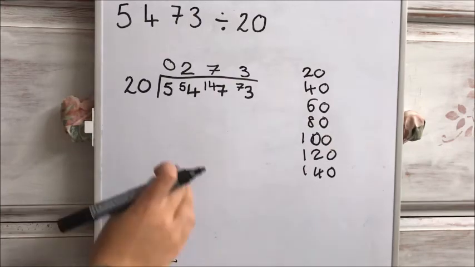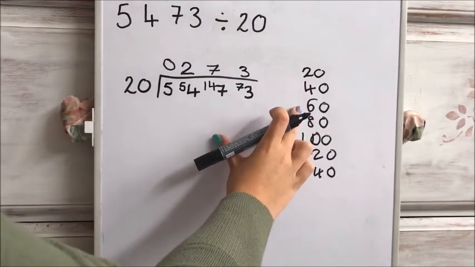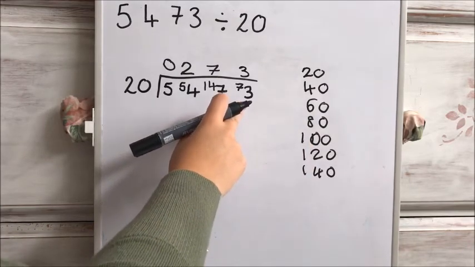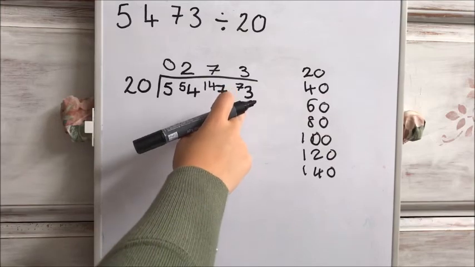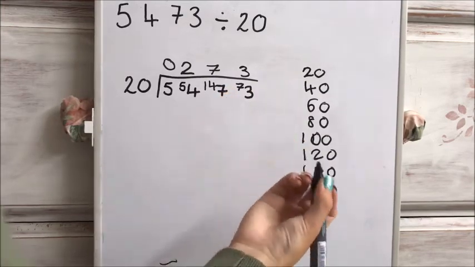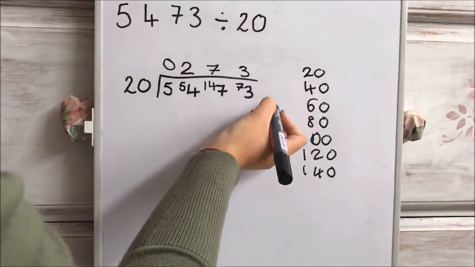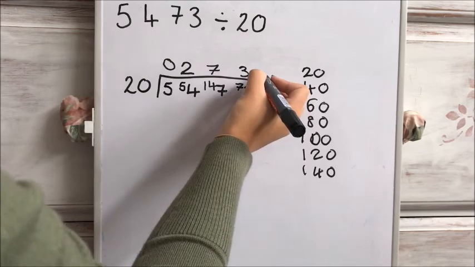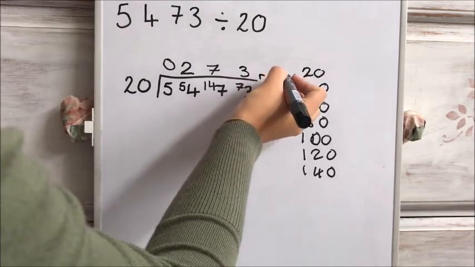But 20 goes into 60 3 times, and we're not using 60, we're using 73. So there's going to be a pretty hefty remainder. In fact, our remainder is 13. Normally you'd write the remainder next to the next number, so you can use that again. But as this is our last number, all we do is write a little r and then 13.